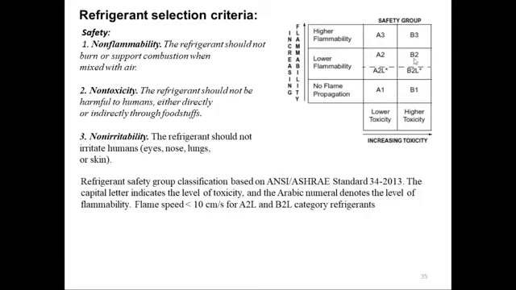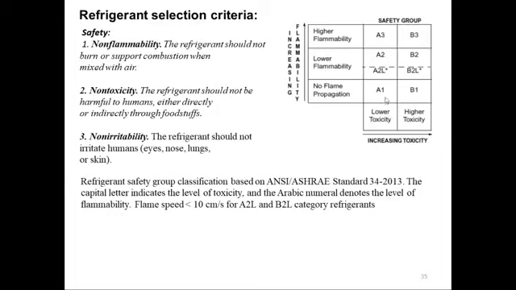So as you can see here, there are two criteria. One is toxicity, the other is flammability. Flammability goes higher in the upward direction, and in the X direction we have increasing toxicity. So group A has lower toxicity, group B has higher toxicity, and then 1, 2, 3 is flammability.